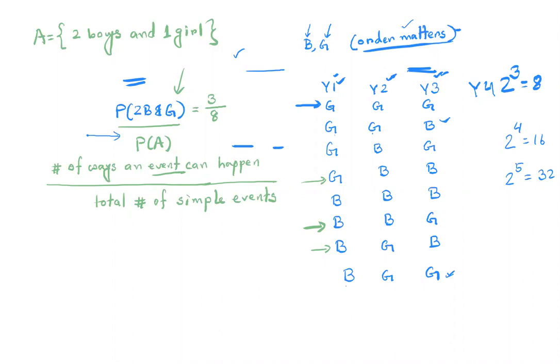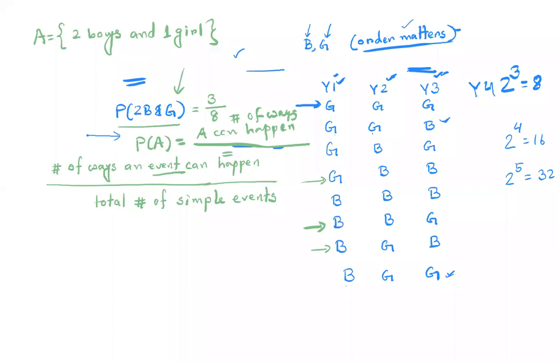That's the event. So that is going to be the event, probability of event A. So the number of ways event A can happen divided by the total number of simple events.